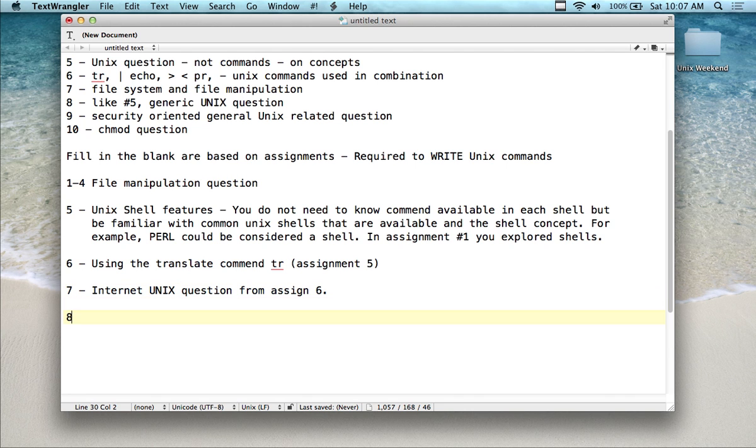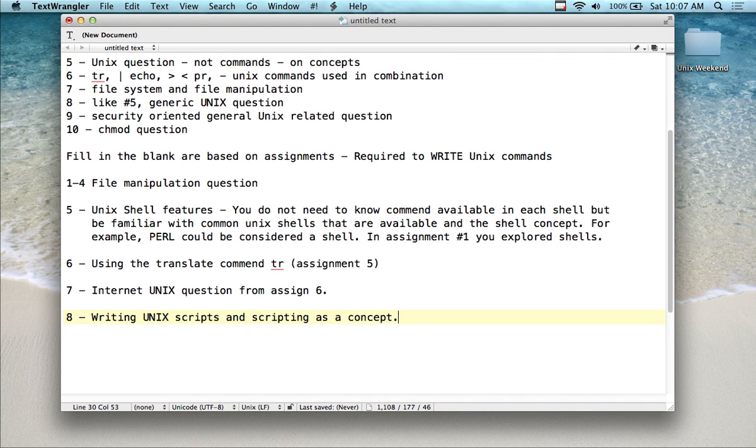Number 8 is on scripting. So let's say writing Unix scripts and scripting as a concept. We did that in the first assignment, where we wrote a script. So you won't have to write a script.